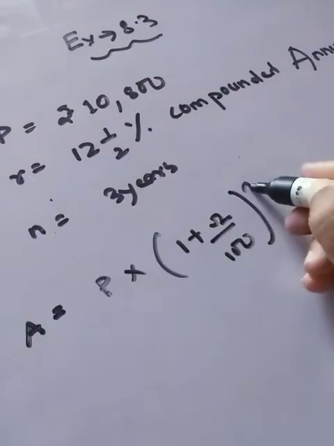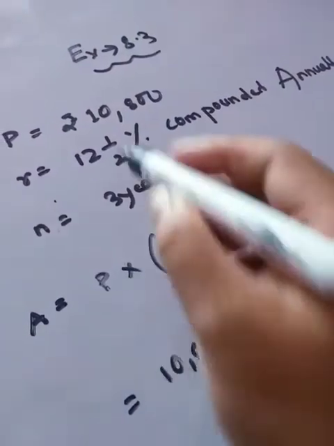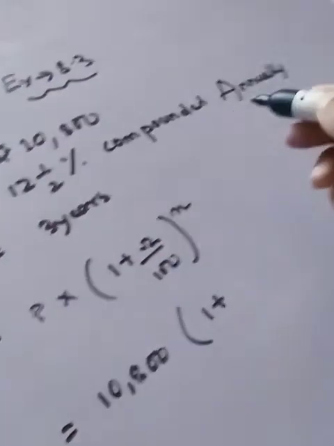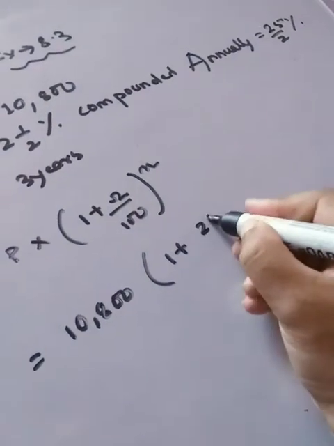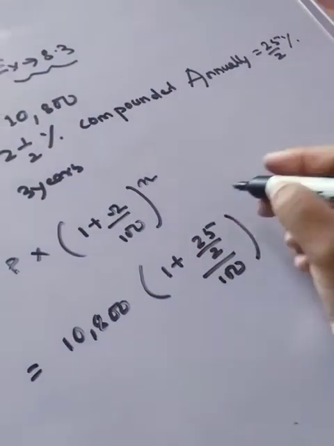So this was the formula. Now we'll put in the values. Principal is 10,800. R is 12 1 by 2%, which is equivalent to 25 upon 2%. We put it over 100, and n is 3 years.